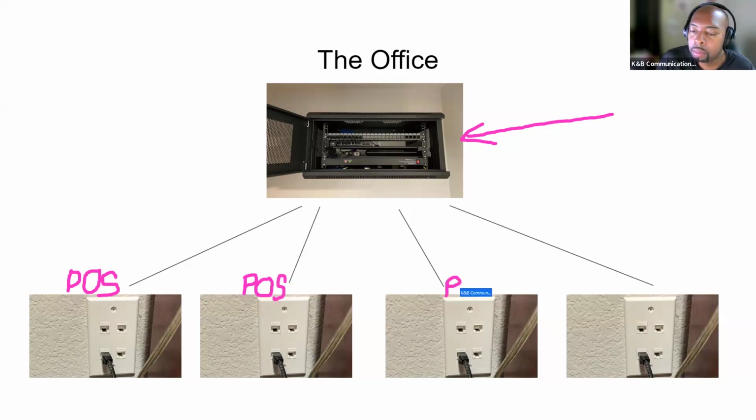Sorry, I'm trying to draw with the mouse. And an access point. So our job would also be running that cable from the MDF to the IDF, and then running cables from various locations of that Subway back to the IDF.